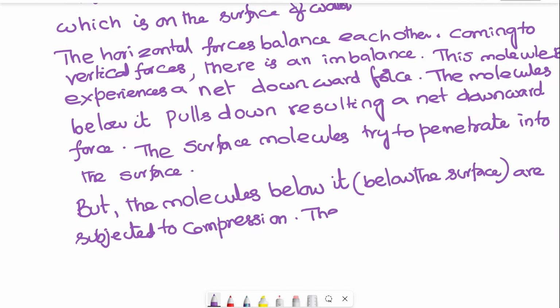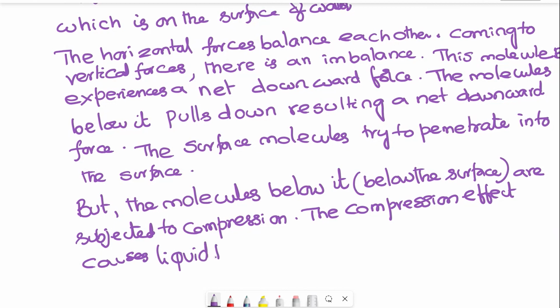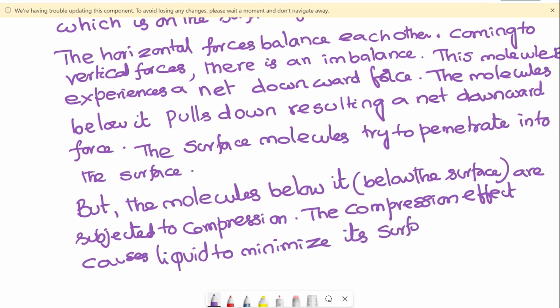The compression effect causes the liquid to minimize its surface area.